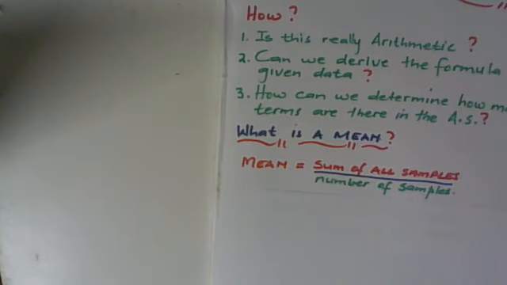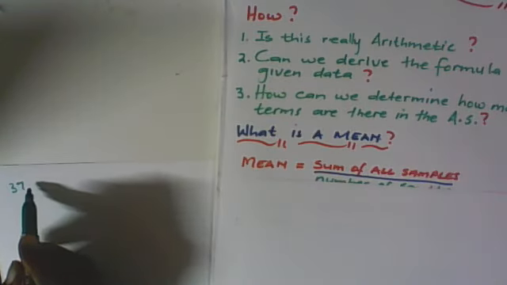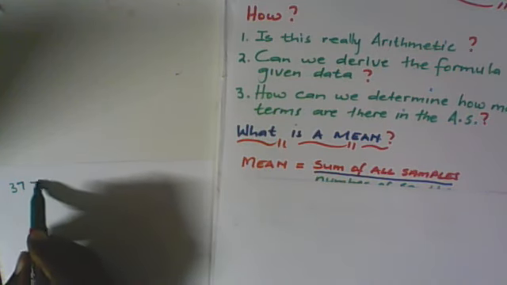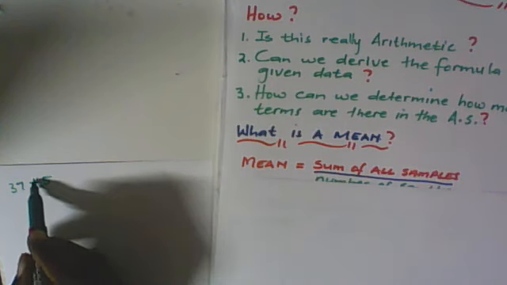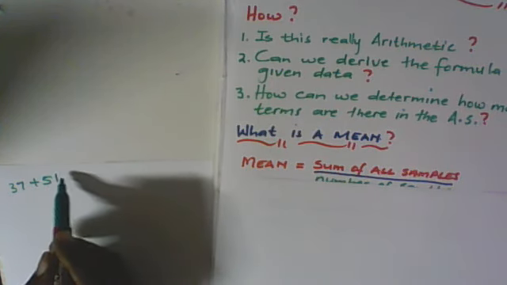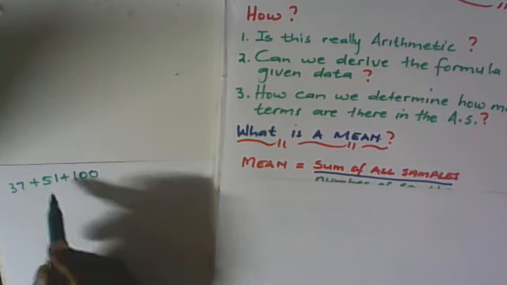Say, for an example, I was given these terms: 37, 5, 51, and 100. They said find the mean between these.